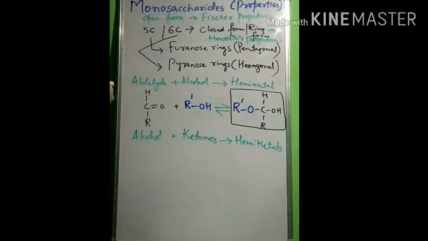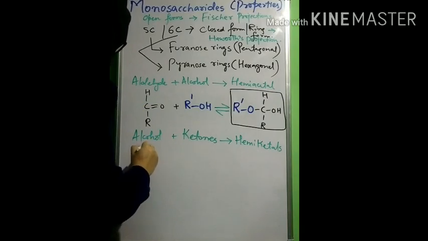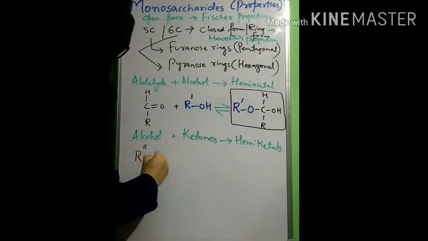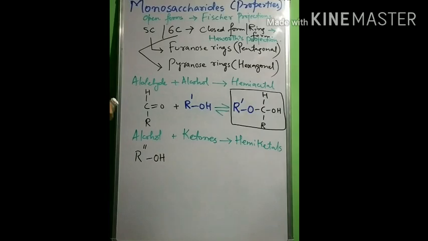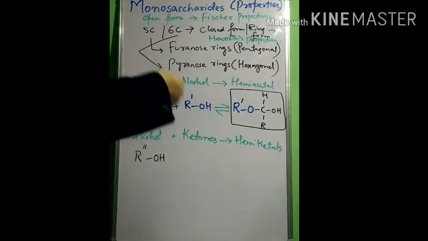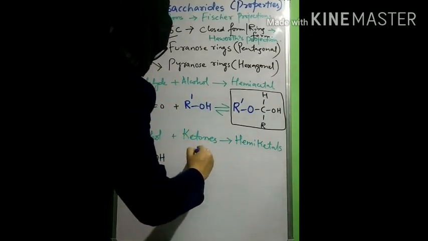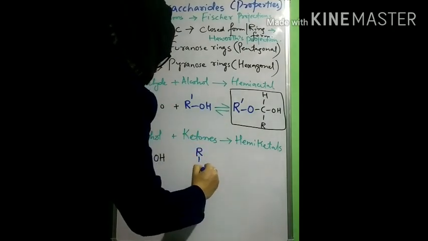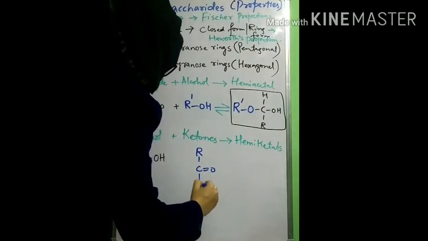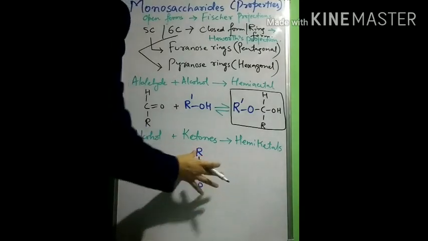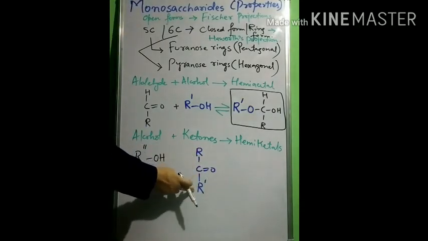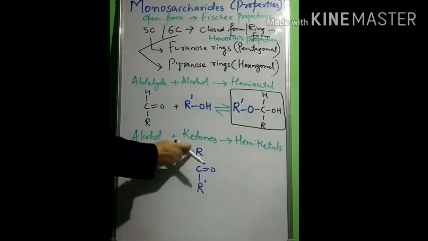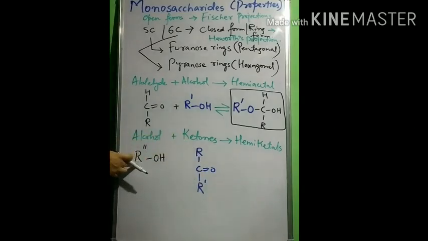Let me show you. I will take an alcohol, for example, over here, R'', I'll give double dash, then OH. And then I will take a ketone over here. I hope you agree that this is a ketone. Look at this, C double bond O and R. So this is a ketone, you agree? You have C double bond O and you have two R chains. One is R', another is R. And over here I have taken an alcohol, R'' OH, just to make a distinction between the chains.